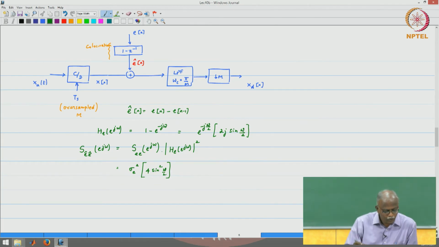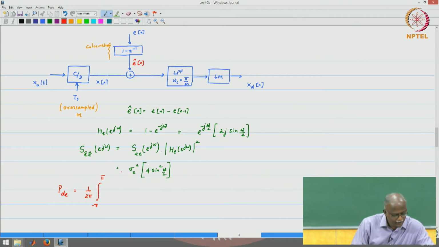Okay. So, now if I want to find out the total power, this is a power spectrum. If I wanted to find the total power at the output PDE, the general formula is 1 over 2 pi, integral from minus pi to pi of the power spectrum of x E hat, E of j omega, d omega.